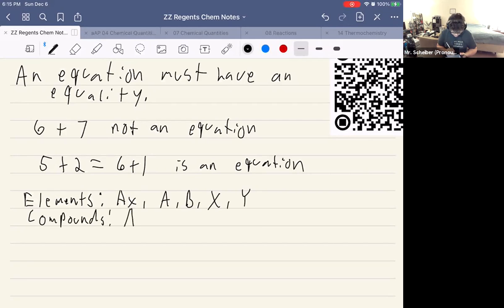A little xb, AB, XY, those are our compounds, right?